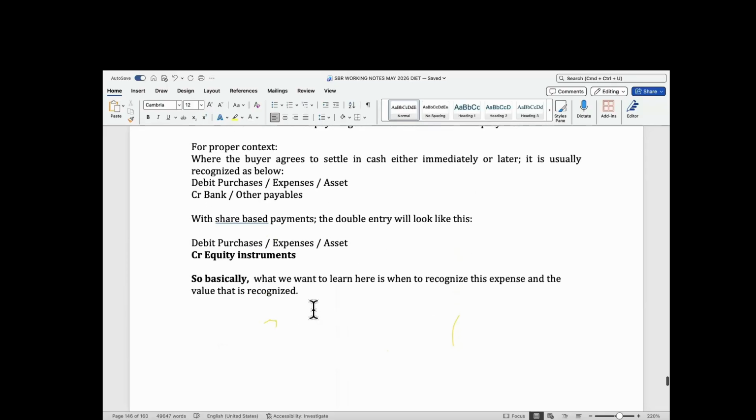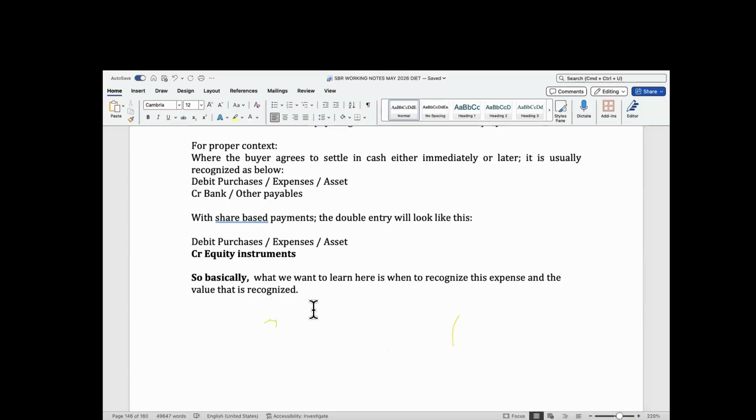That exists. And you'll find out later that what you'll be tested on in your exam is the common one, where these types of transactions are common, which is transactions between employer and employee, where the employer promises to give the employees some shares if the employee agrees to work for the employer for a certain number of years.